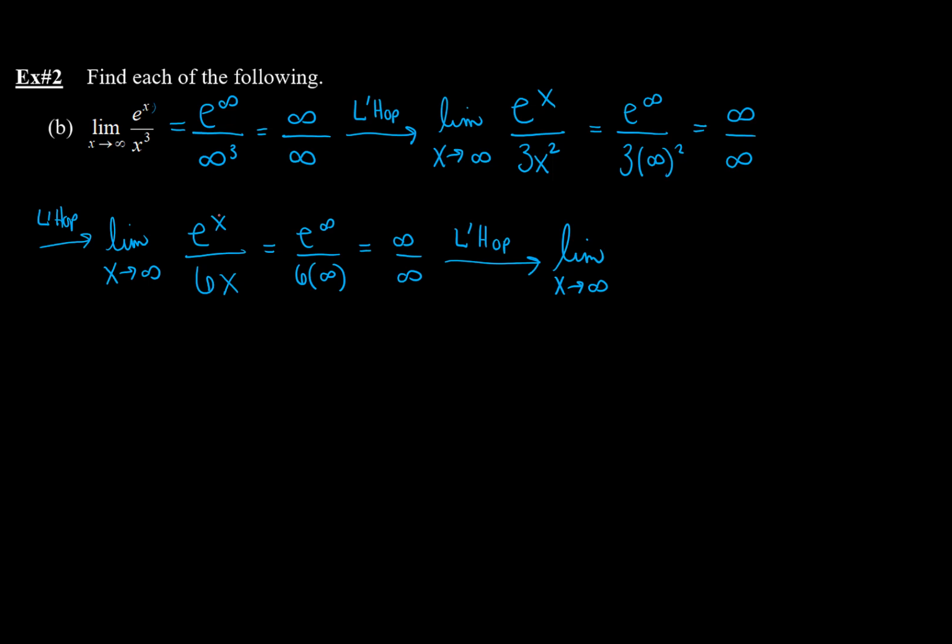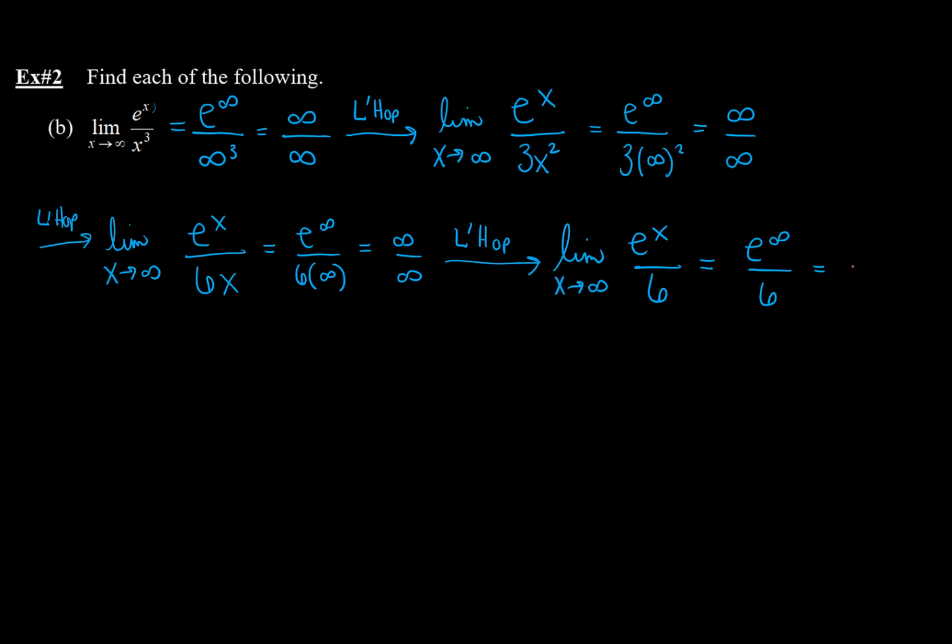So the derivative of e to the x is e to the x. See a pattern here? And the derivative of 6x is just going to give me 6. Now plug and chug. Now I have e to the infinity divided by 6.